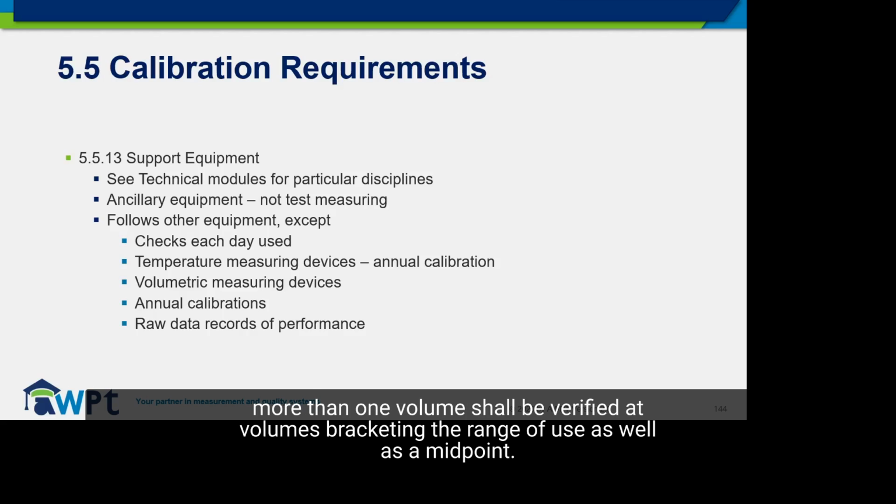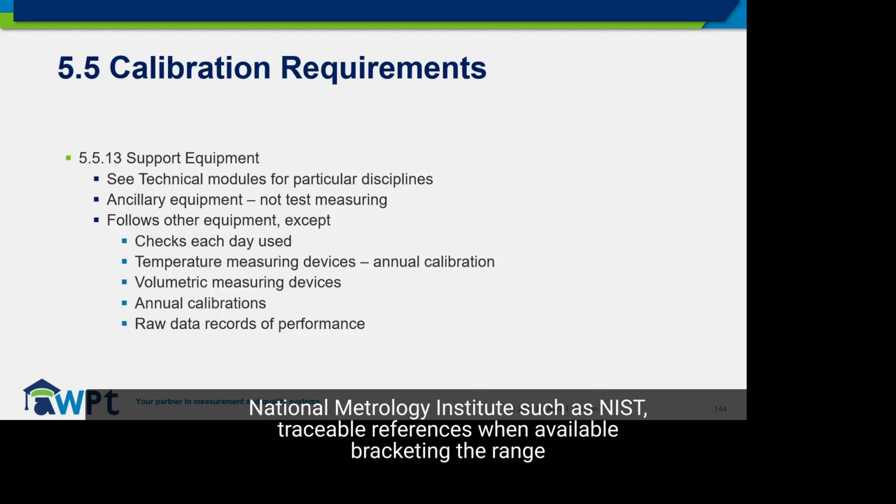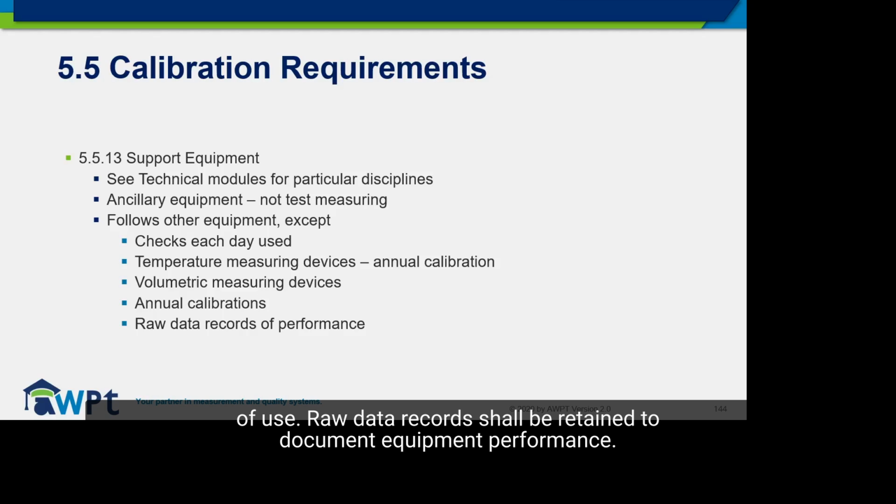Mechanical devices used at more than one volume shall be verified at volumes bracketing the range of use, as well as a midpoint. All other support equipment shall be calibrated or verified at least annually using a recognized National Metrology Institute, such as NIST, traceable references when available, bracketing the range of use. Raw data records shall be retained to document equipment performance.